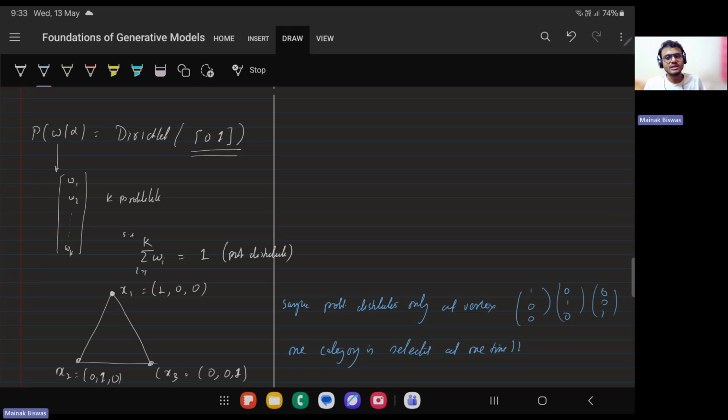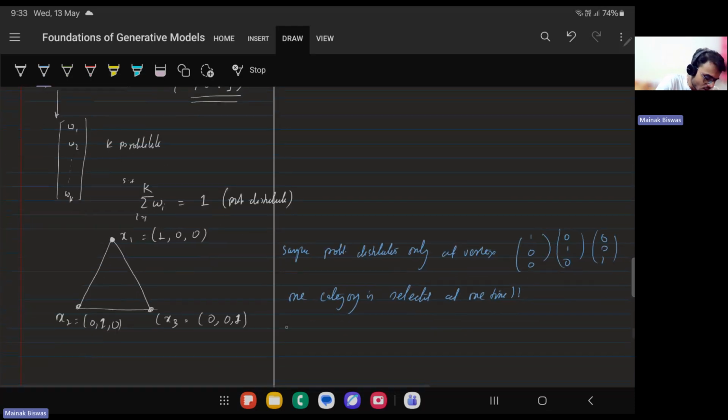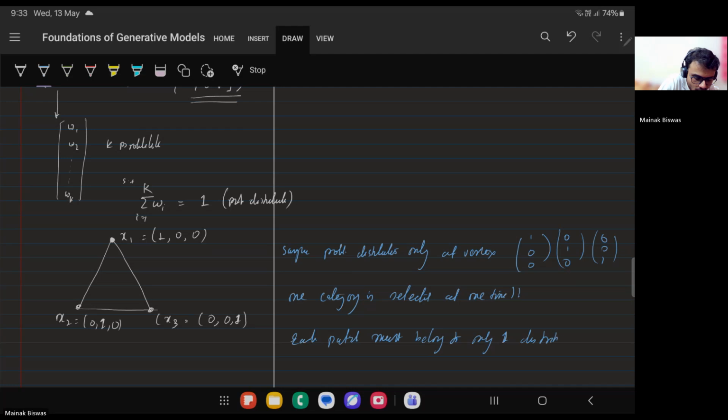So this is the reason. The idea is each patch must belong to only one distribution. This is the only reason that I'm going to use this 0.1 of the Dirichlet distribution.